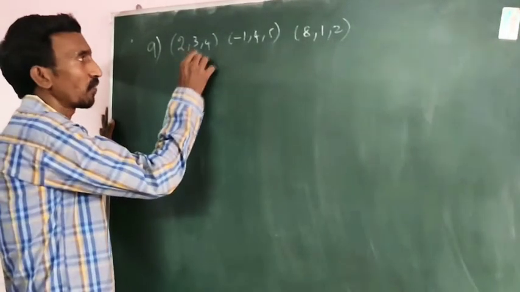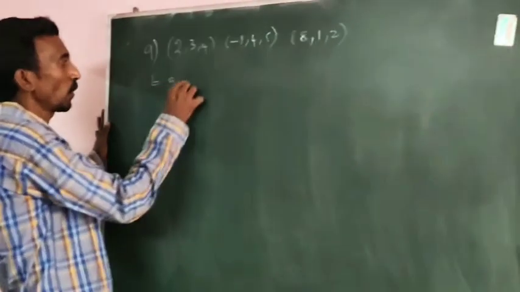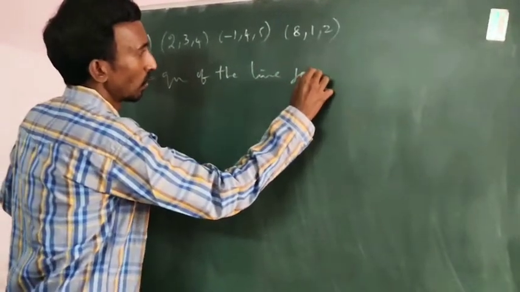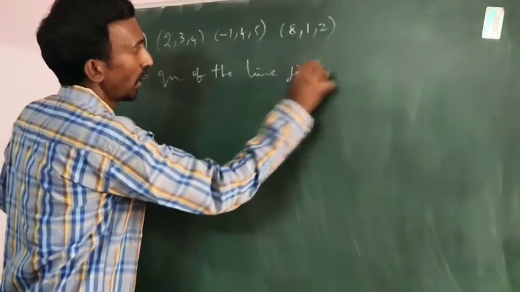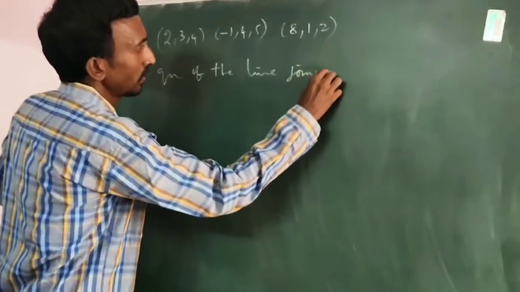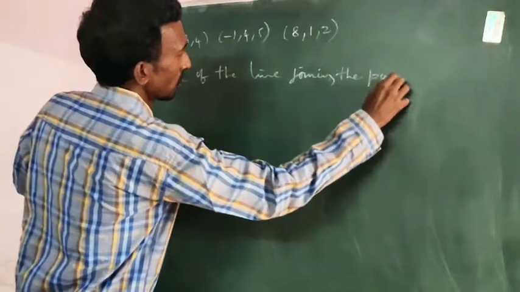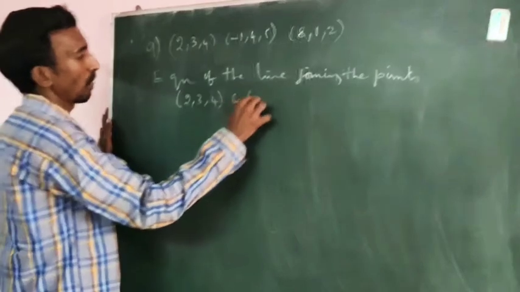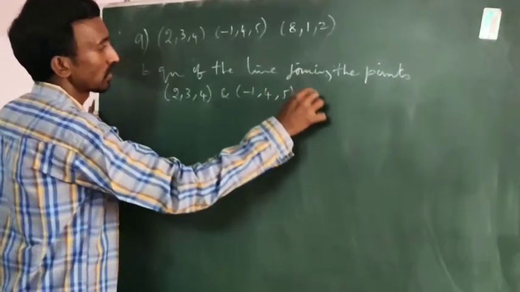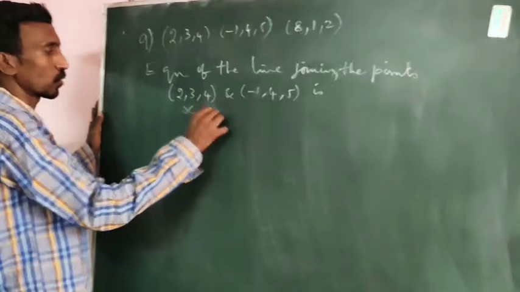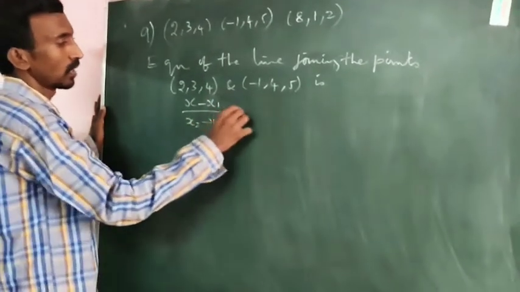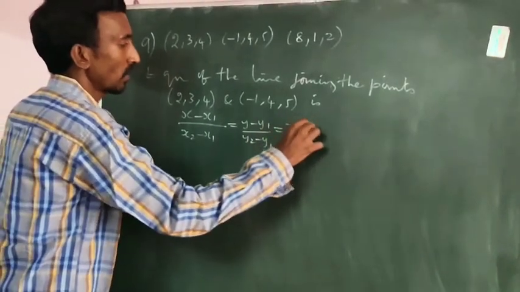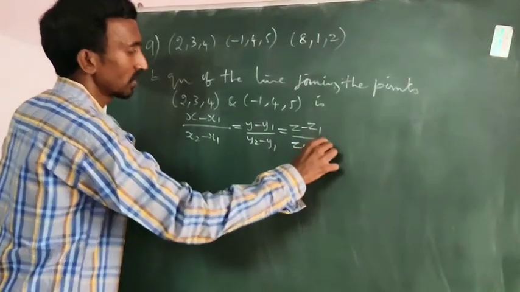Obviously I am taking the first and second points. Equation of the line joining the points (2, 3, 4) and (minus 1, 4, 5) is, using the formula (x minus x1) by (x2 minus x1), (y minus y1) by (y2 minus y1) equal to (z minus z1) by (z2 minus z1).